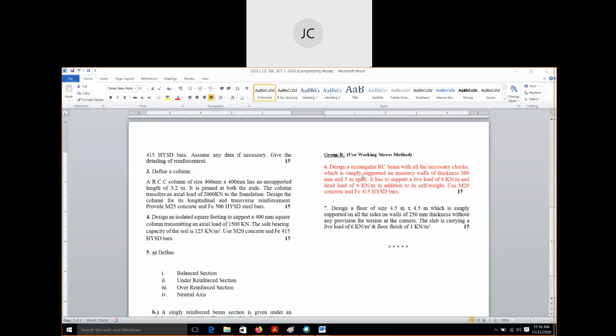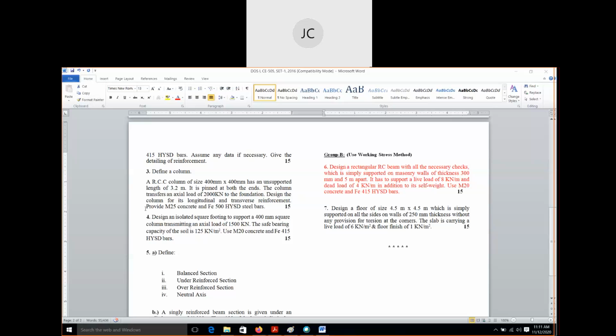By limit state method, that means by using IS 456, you have to design this beam. I am giving you only one question, but I am giving you 6 days.